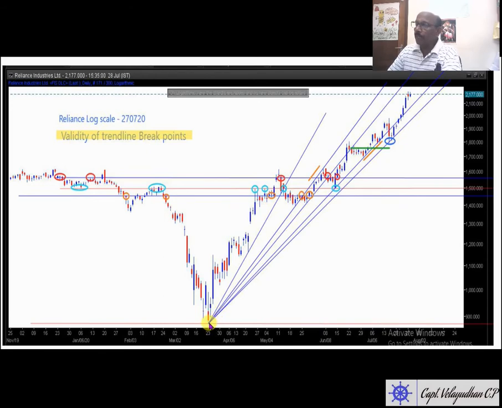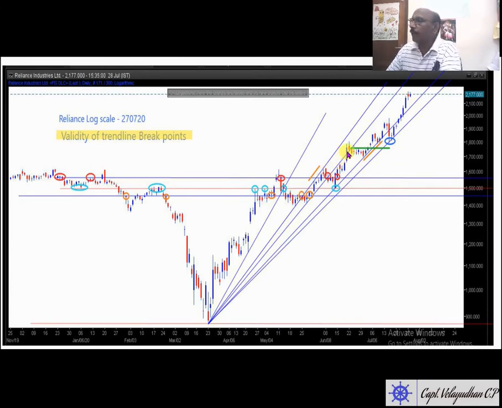I drew another line after this trend line break. I took this point and the next point here, and extended. This trend line broke here. This is a break point, which will come back later. We will explain more on the trend line break points.